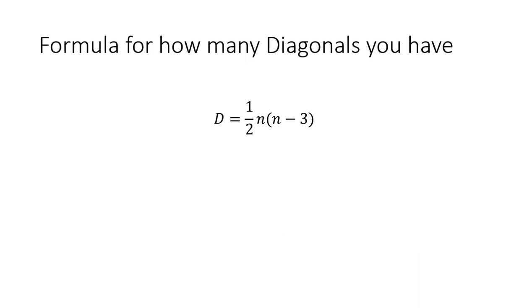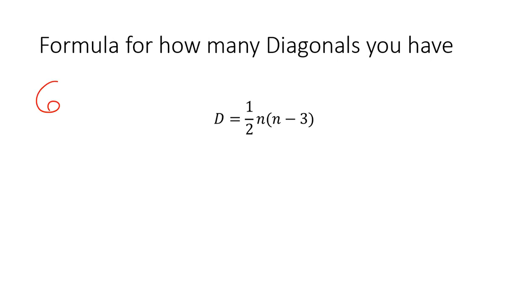So now what we have is we take our sides. To find how many diagonals we're going to have, we use this formula: diagonals, D, is equal to 1/2 times n times n minus 3. However many sides you have, that's the n. Looking at our hexagon, it has 6 sides.